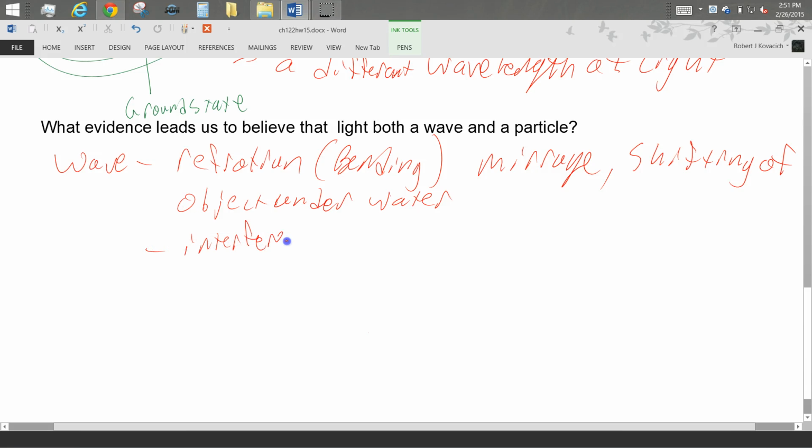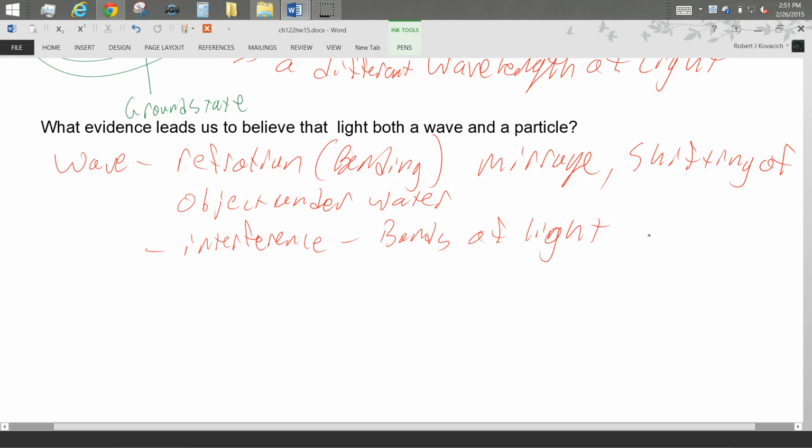And we can see that in the bands of light that are generated when I have a double slit. It's the double slit experiment.